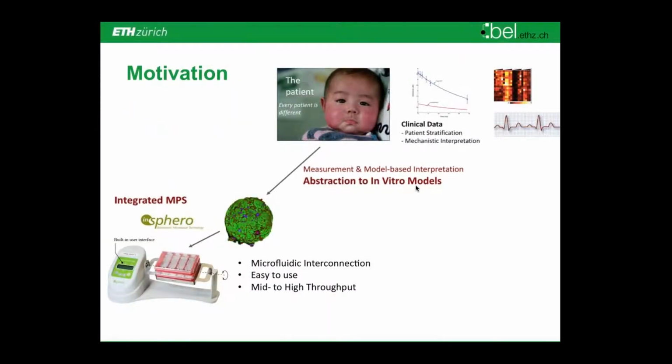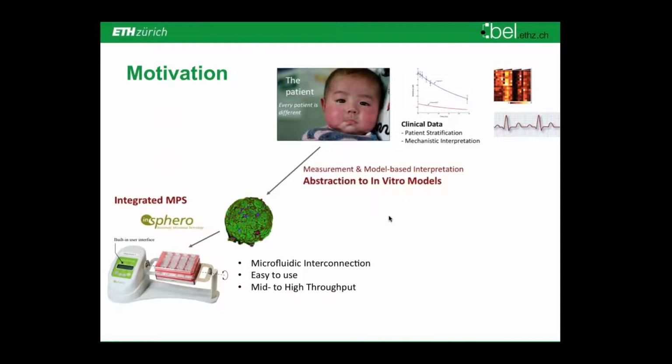Our motivation in the lab is mostly to get patient stratification, or sort of the patient on the chip, by essentially abstracting the patient into a tissue model. This is in our case typically spheroids, but we also work with transwell models or advanced 3D cell culture.